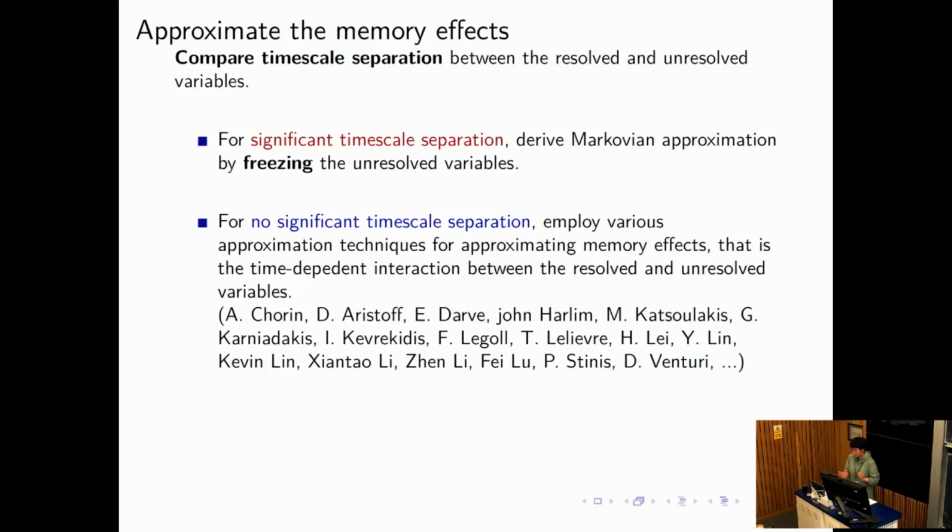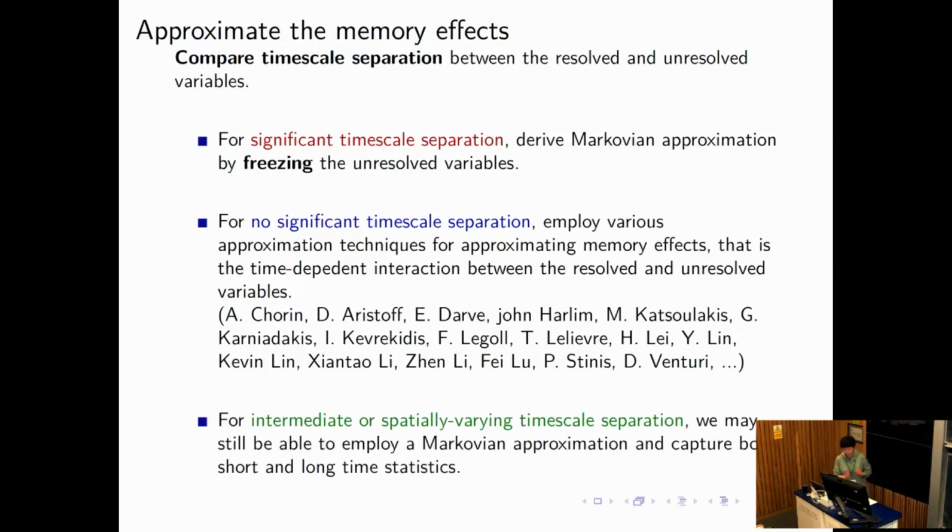The motivation for our work is, suppose we have intermediate time separation, and we don't want to approximate these memory effects at a lot of computational cost. Instead, we still want to derive a Markovian model. Can we do this? The answer is yes.